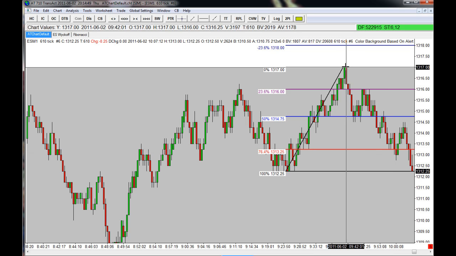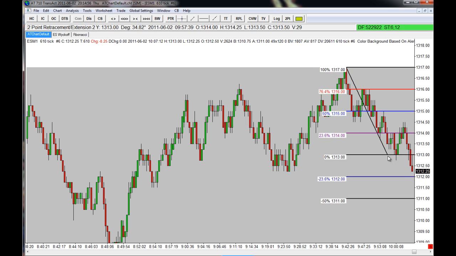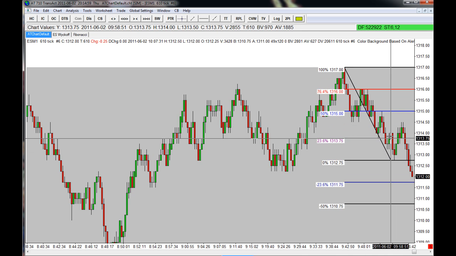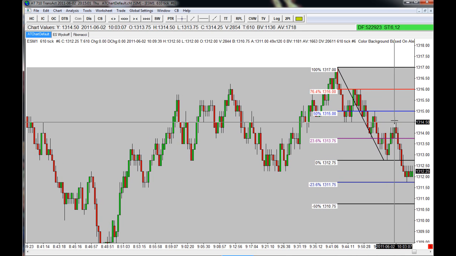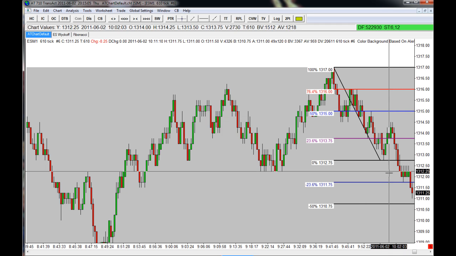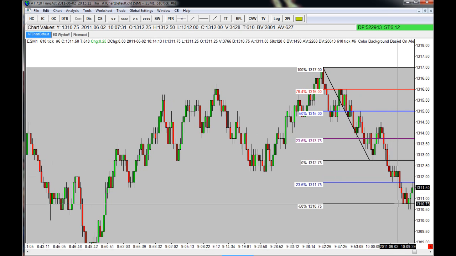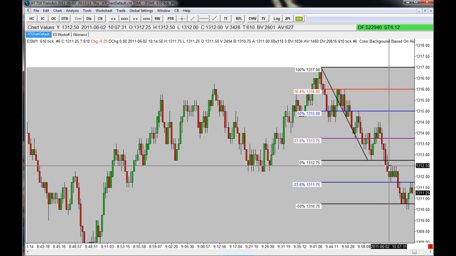Okay, so it broke through the 76.4 line, so I would draw a fib in the opposite direction. Now from high to low, price retraced, did not make it to our entry level, fell to the negative 23.6 and then to the negative 50. Okay, this did not quite retrace to the 0% level, however it traded there.